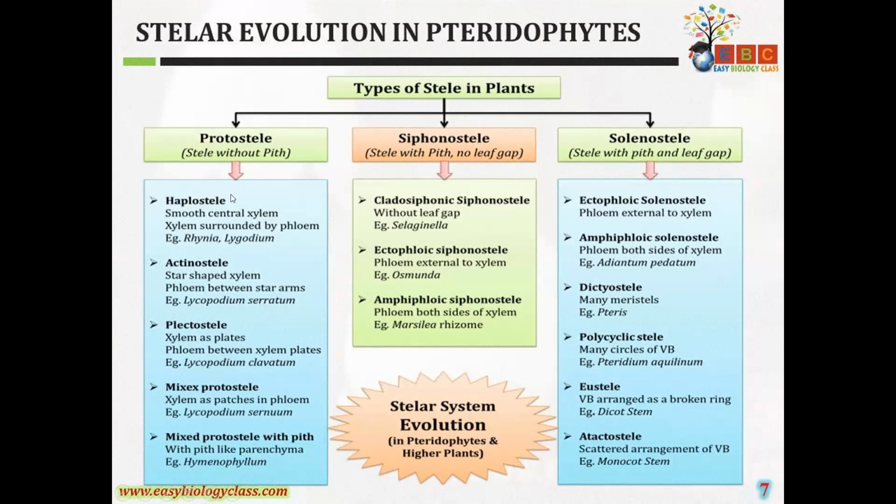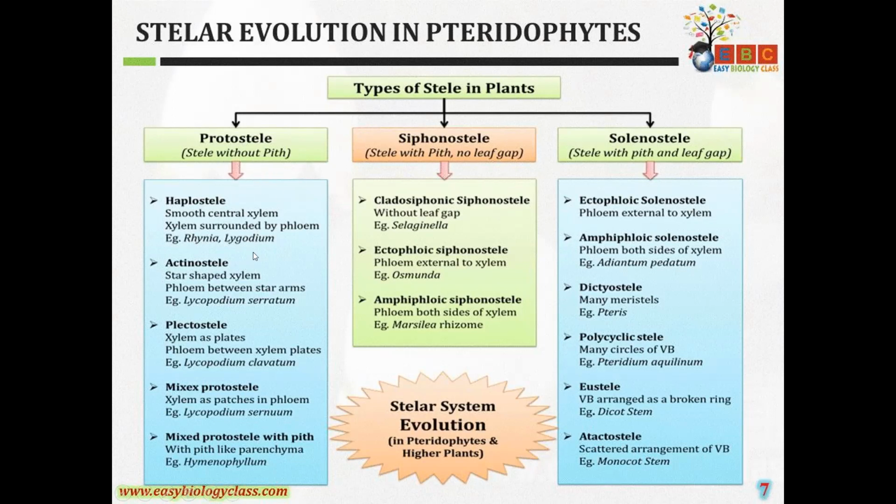In protostele there are again different types. The first one is haplostele. Haplostele means a smooth central xylem surrounded by the phloem, seen in Rhynia and Lygodium. Next is actinostele, with a star-shaped xylem.